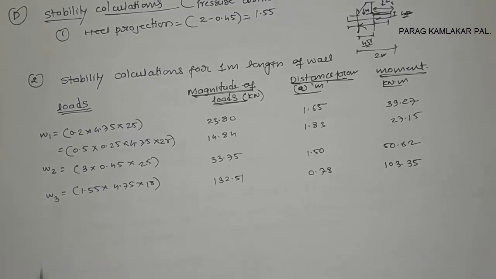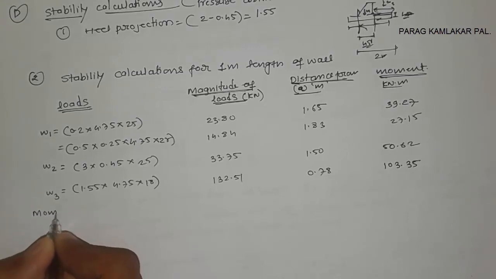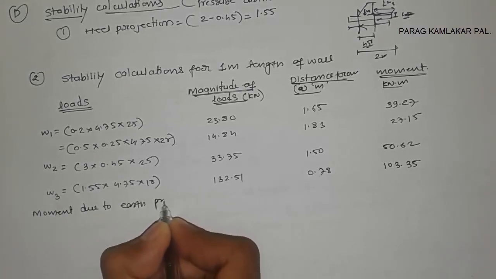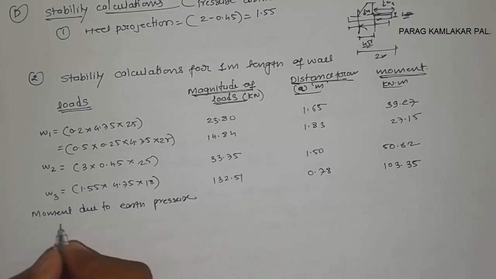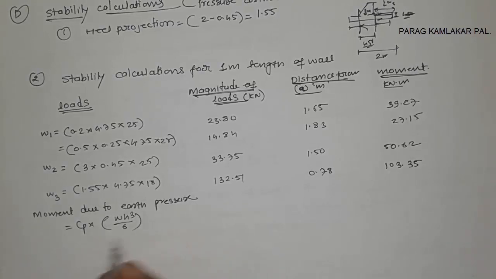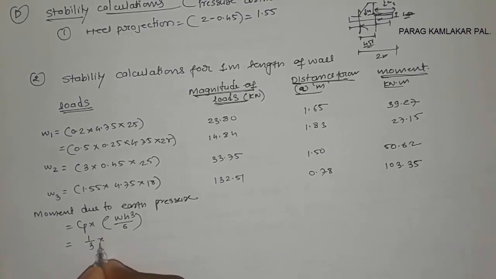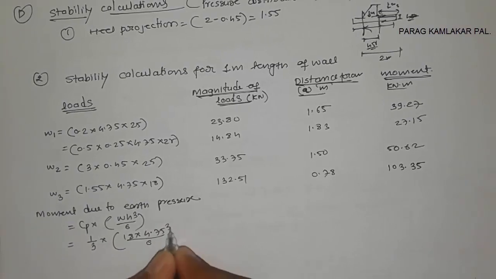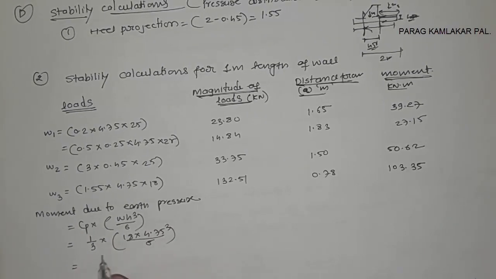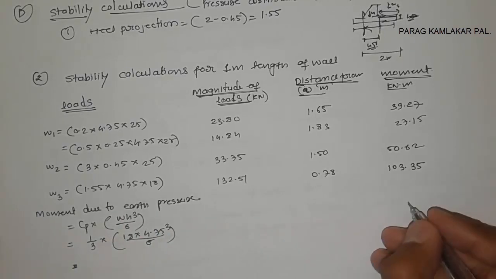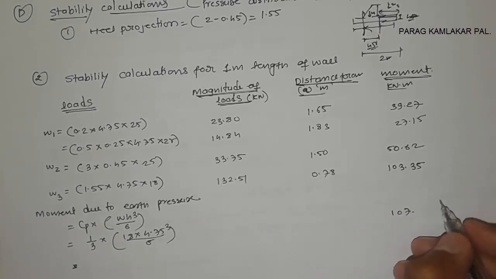Now we need to determine the moment due to the earth pressure. The moment due to earth pressure is Cp multiplied by W h cube by 6. Cp is 1/3, W is 18, and the height is 4.75, cubed, divided by 6. So the value for the moment due to earth pressure is 107.06.